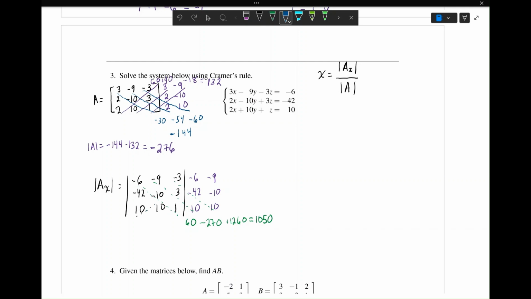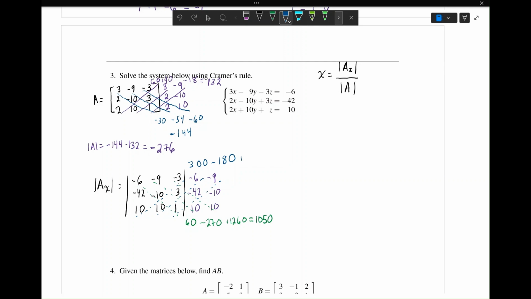Now I do the same with the upward diagonals. I have two negatives here, so that ends up being positive 300. I have one negative in this next diagonal, so that gives me negative 180. I have two negatives in this last diagonal, which makes it positive, which means it is, I'm going to plug it into a calculator just to make sure I'm doing this right.